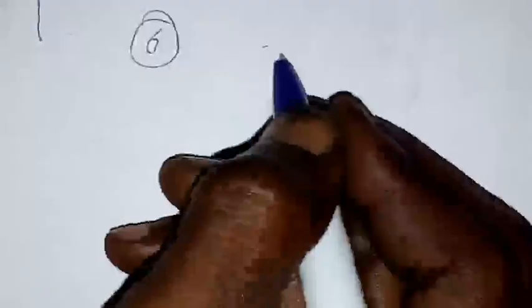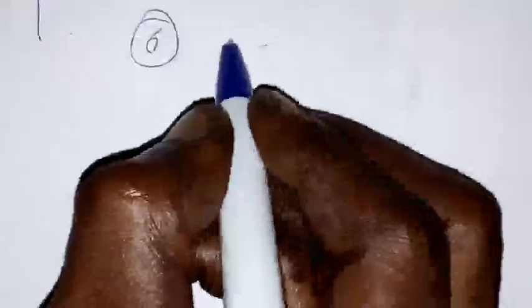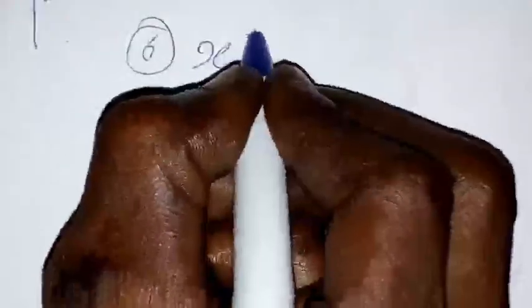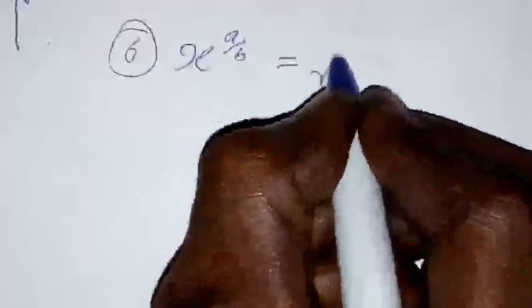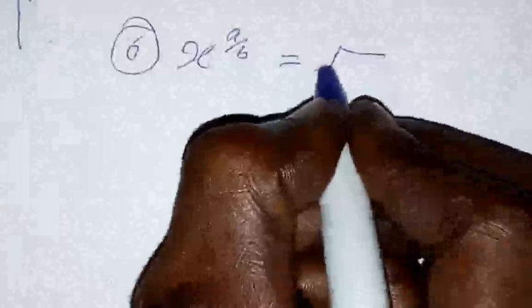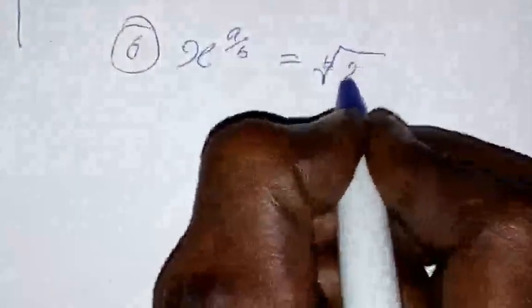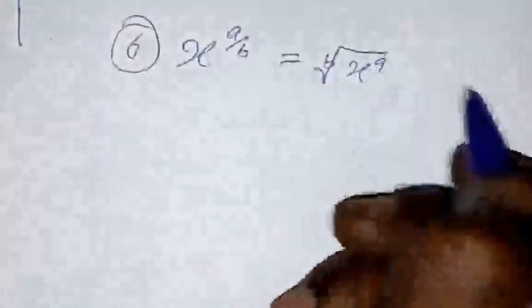Law number 6, we call it the fractional indices law. In this law, it says that whenever we have, let's say, x to the power of a over b, this can be expressed as the b-th root of x power of a.